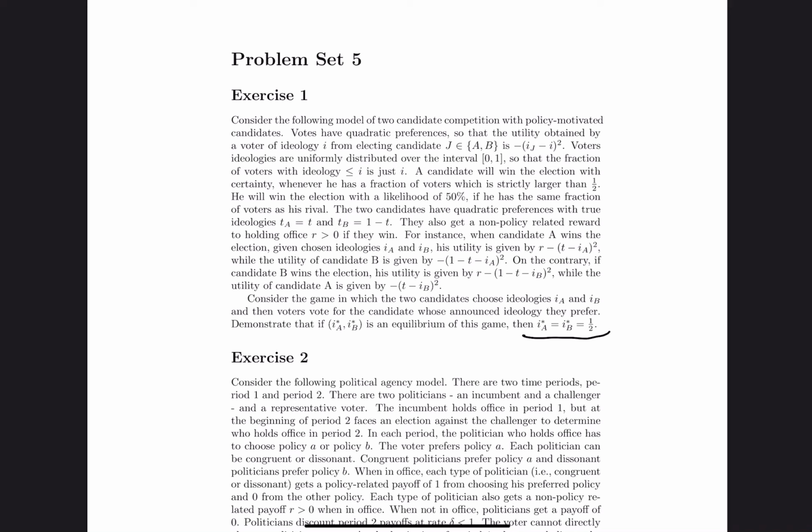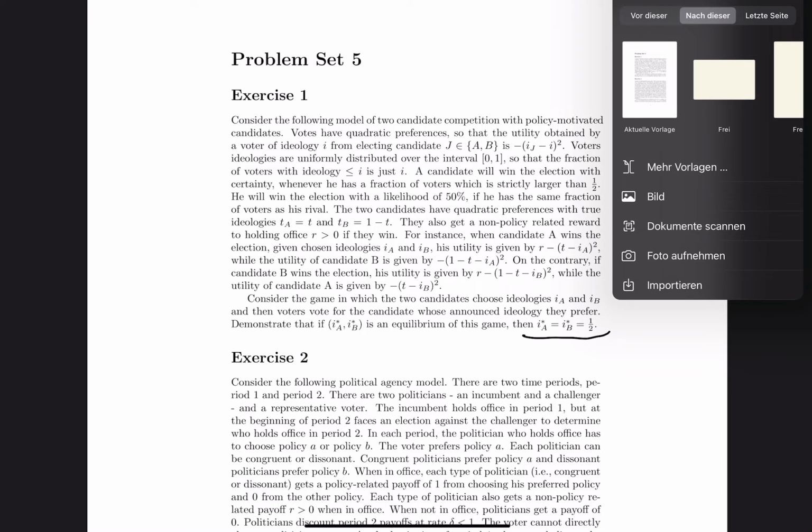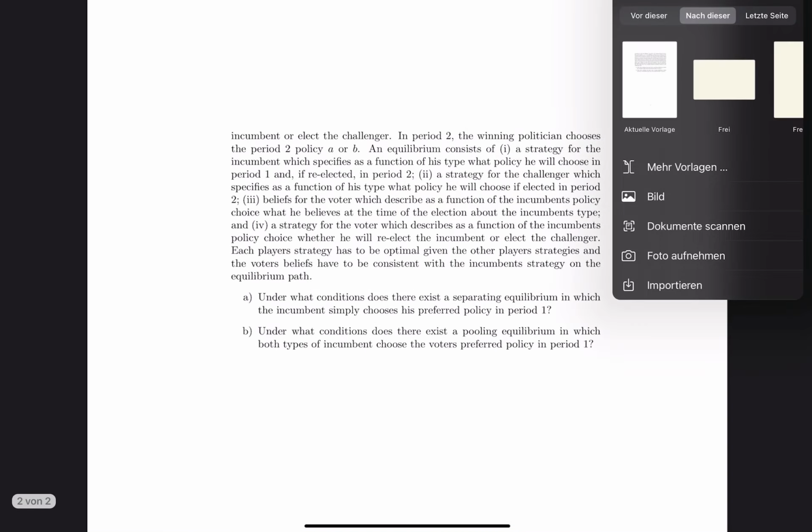Okay, so let us summarize some of the information that we have gotten. For exercise number 1, let us determine the utility that each candidate is receiving, depending on whether he is winning or not.